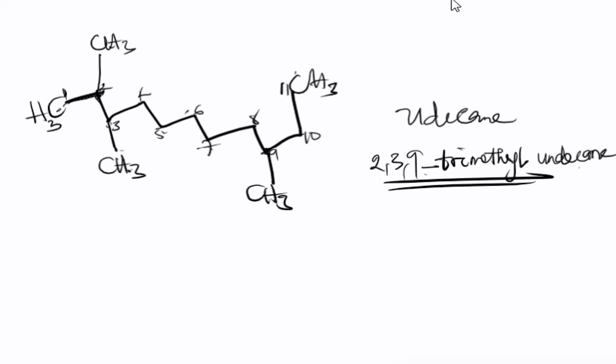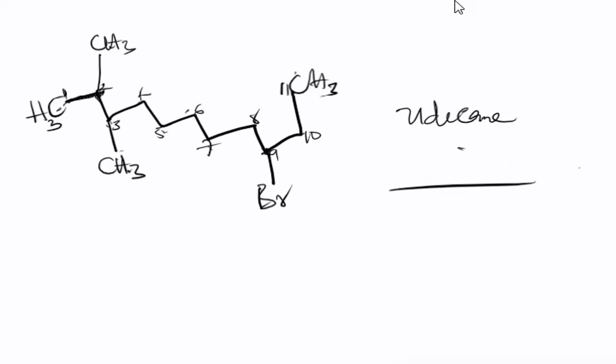If actually I had substituents with different names, I'll have to arrange these substituents alphabetically while naming. So for instance, let's say I have bromine here. It means the name of this compound will have to change.